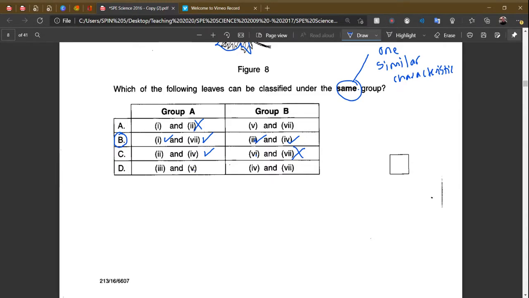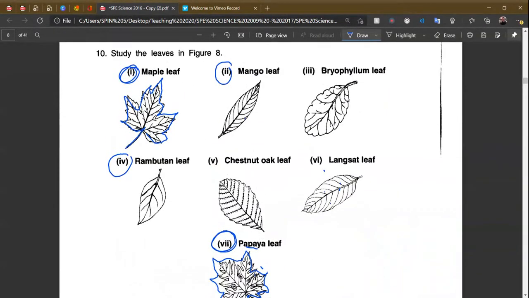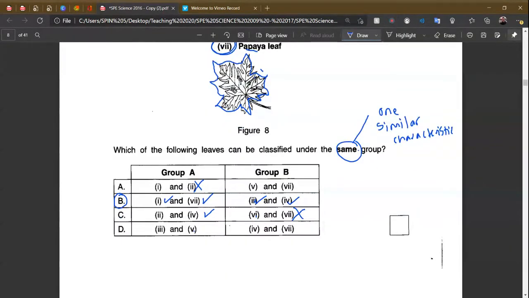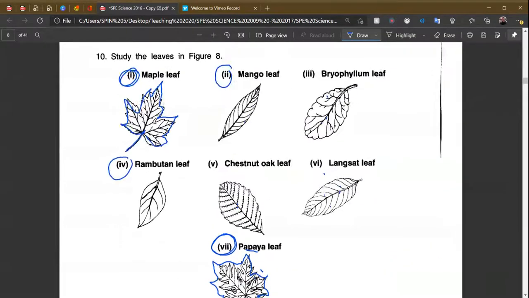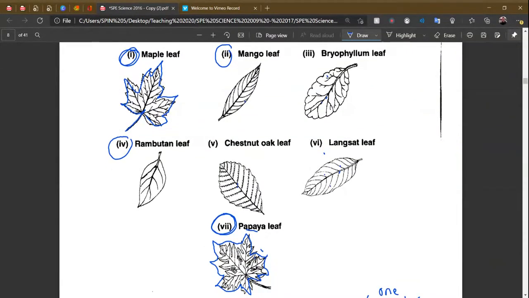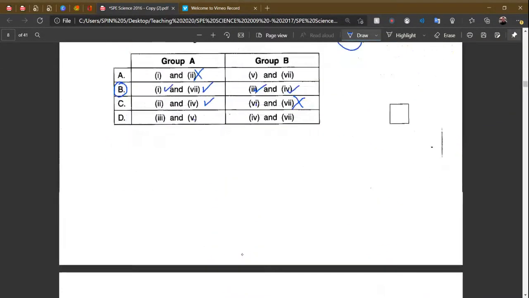And 3 and 5. Okay, let's look at the next choice. 4 and 7. 4 and 7 is totally different again, therefore it's out. Therefore, yes, you can confirm that the best choice for this question is B.